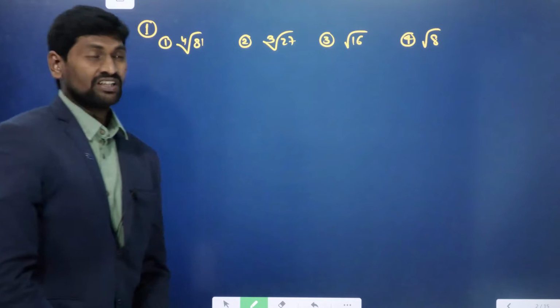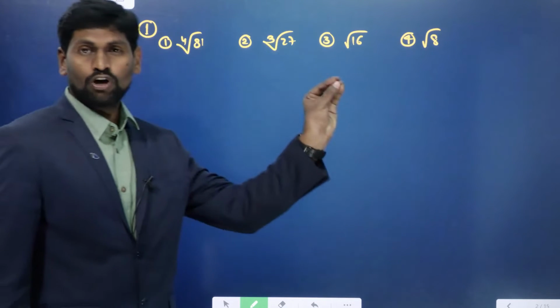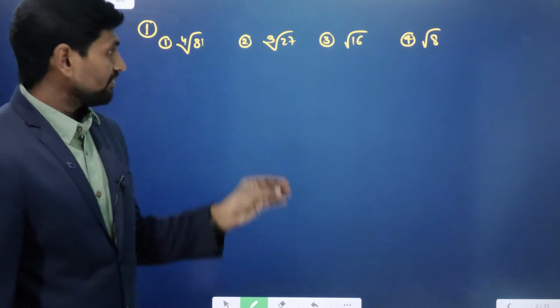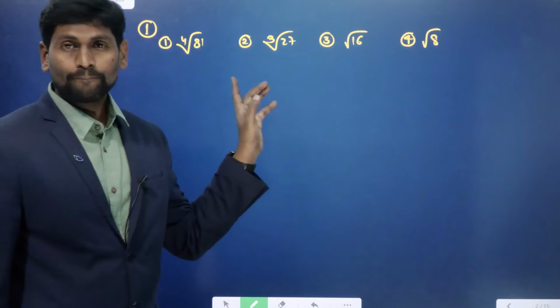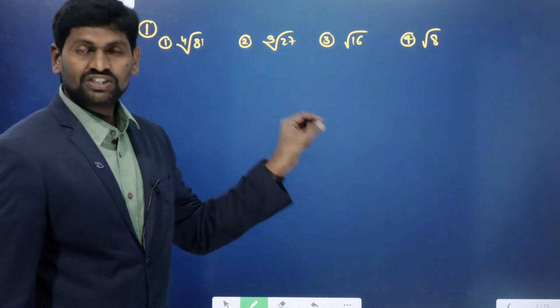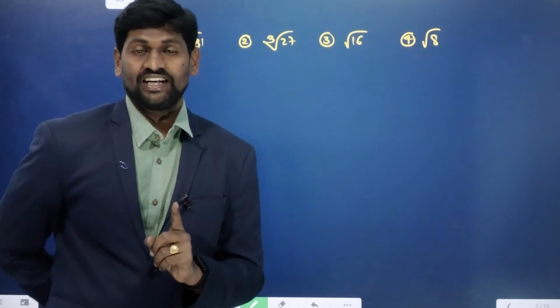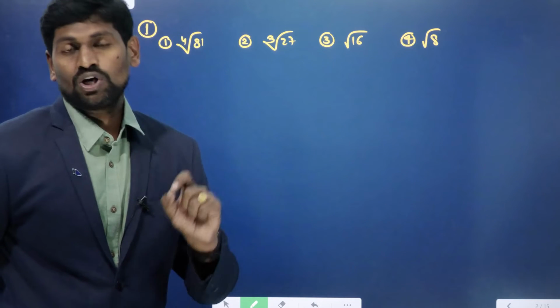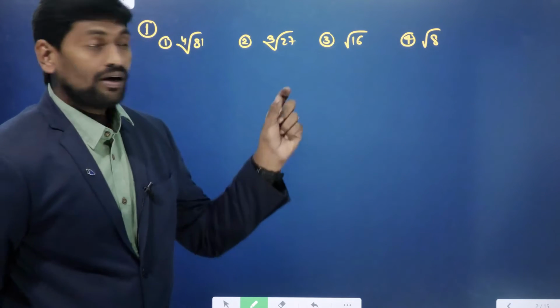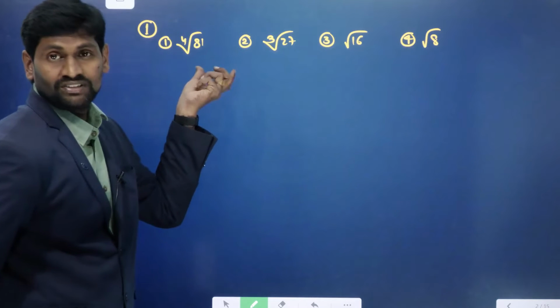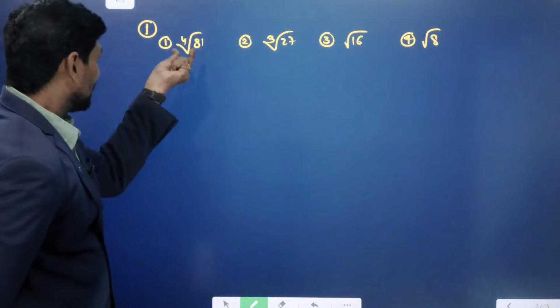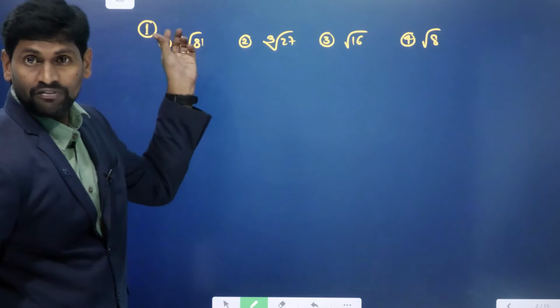While observing, all look like the form nth root a, but we need to identify which is the surd. Just now I discussed that the radicand in the surd form cannot be expressed in the form of its order.